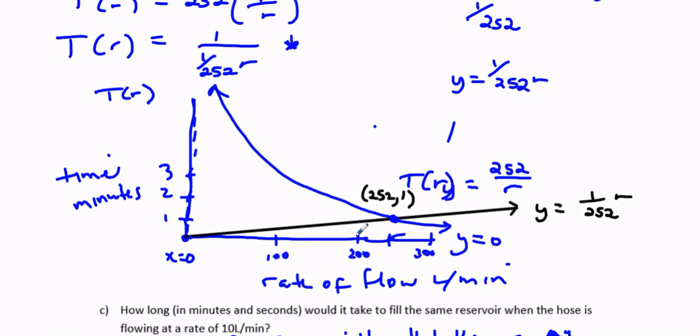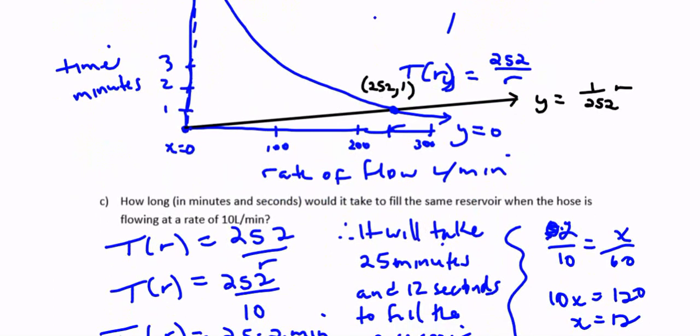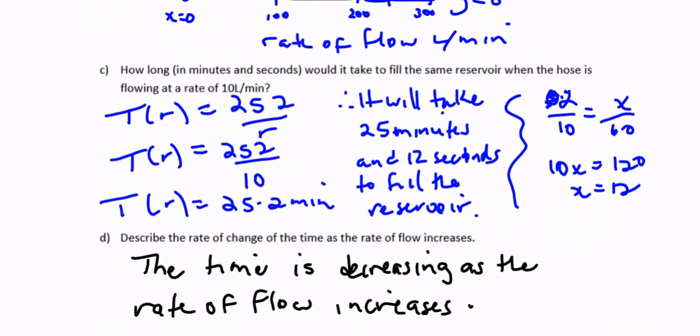So as the rate of flow increases, the time decreases. And that just makes sense intuitively, because if you're going to increase the rate of flow into a fixed volume object, you know then that the time is going to decrease, right? So the time is decreasing as the rate of flow increases.